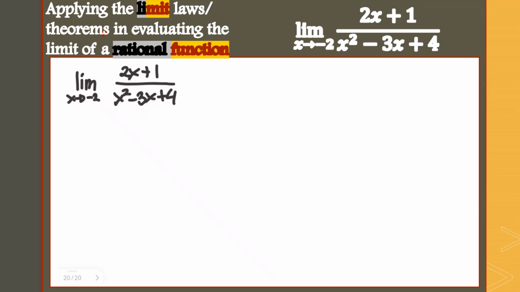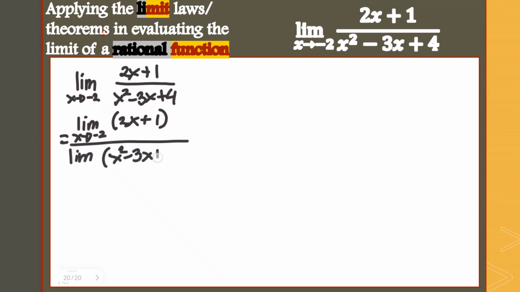So we are going to use two different methods, two different steps, by separating them so that you can have your two options in solving for the limit later. Let's start with the limit theorems aside from the limit theorem for rational functions. So let's have here the limit of the numerator alone as x approaches negative 2 over the limit of our denominator, x squared minus 3x plus 4, as x approaches negative 2.